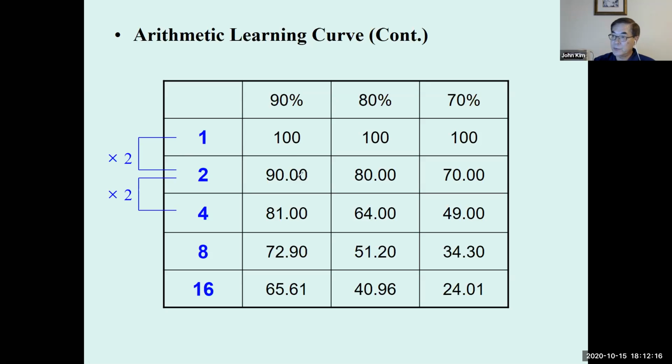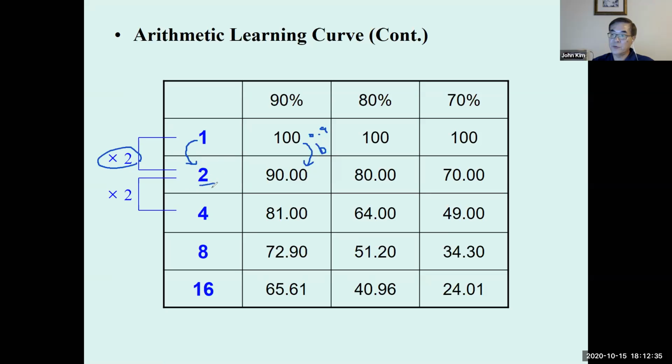If we use the arithmetic learning curve concept, when it doubles, then times B. B is the learning percentage, 0.9.